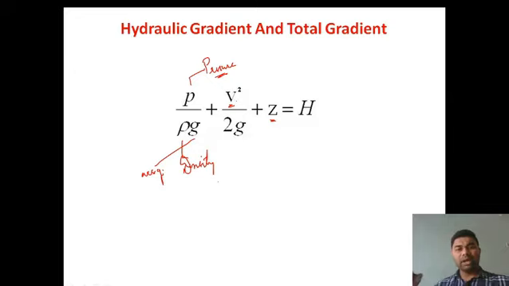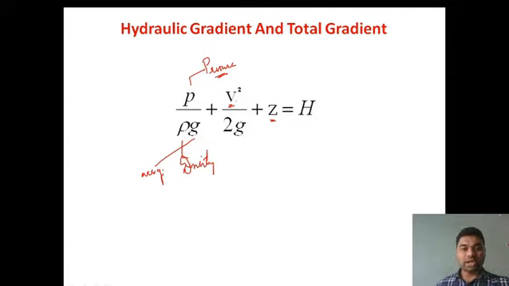For any pipe, if it is an inclined pipe, we take one arbitrary reference point from where we measure the distances. That is Z, the datum head.